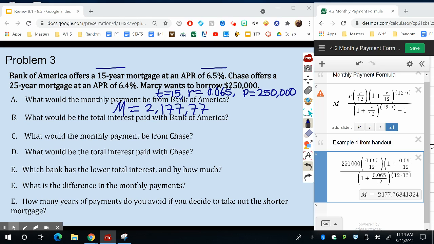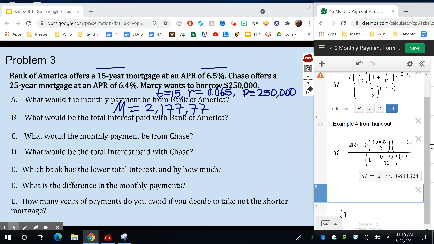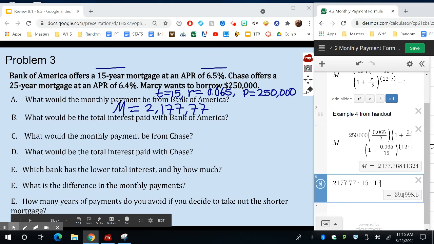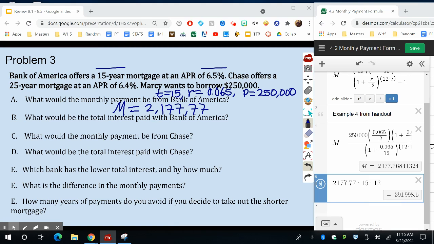Okay, so now the next question says, what would be the total interest paid with Bank of America? So how much would they pay? Okay, so to answer that question, now I'm going to take the monthly payment, $2,177.77, multiply that by the 15 years and multiply by the 12 months. And that gives me a total of $391,998.60.